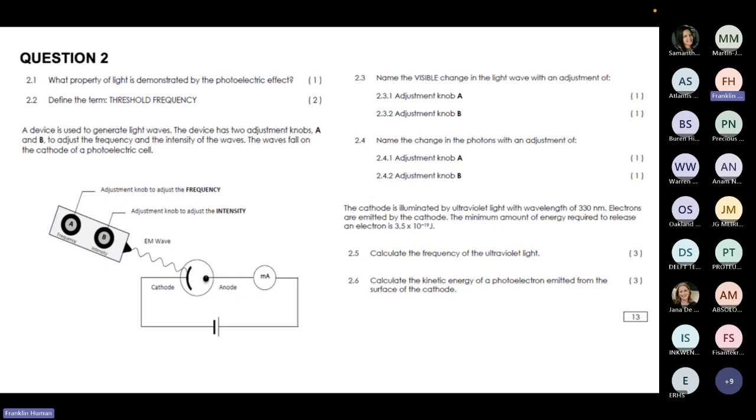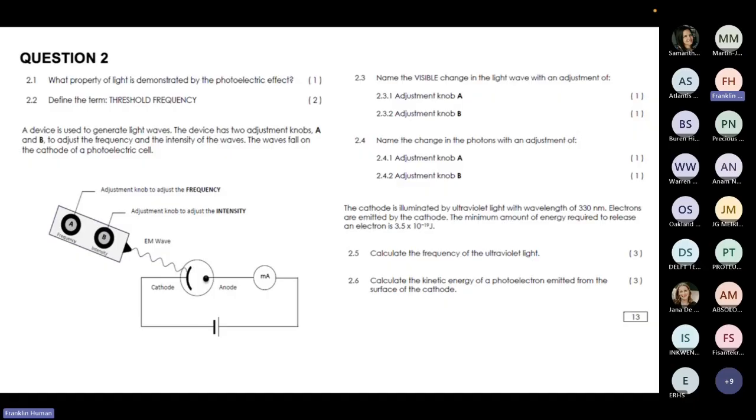That is the bottom part of your door. So threshold is that minimum amount of energy required to emit electrons from the surface of a metal. You can't go any lower than that.